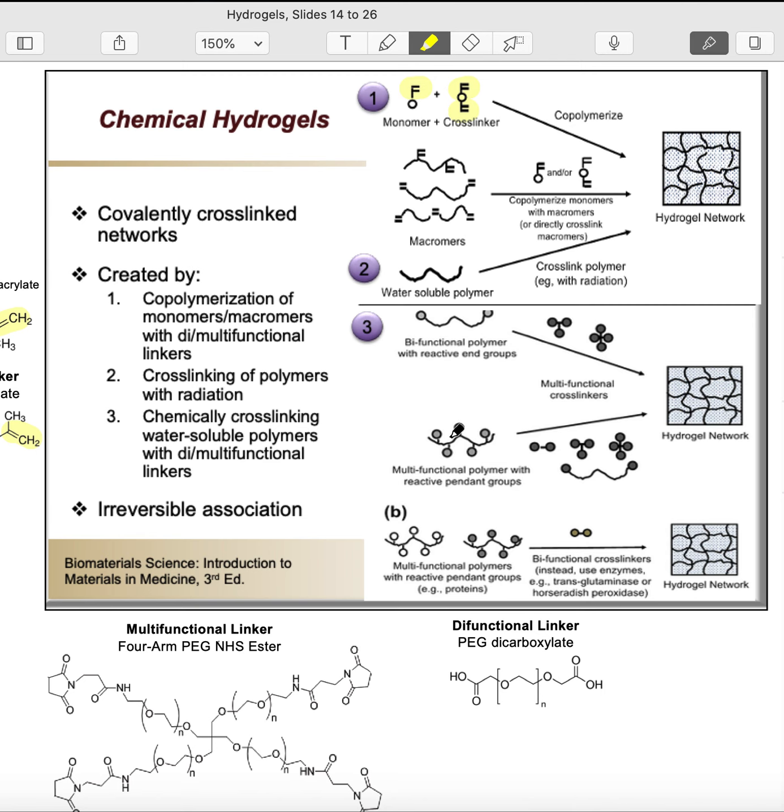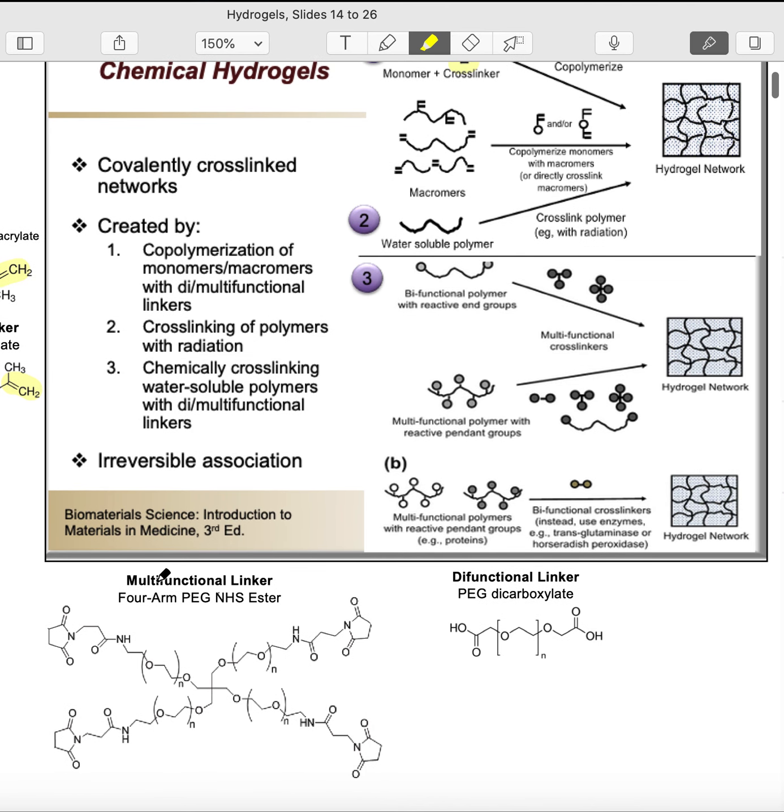Similarly, we could have a multifunctional polymer that has a multitude of reacted pendant groups and reacted together with a number of different linkers to end up with a hydrogel network system. An example of these multifunctional linkers that could be utilized in these kind of processes are shown here.